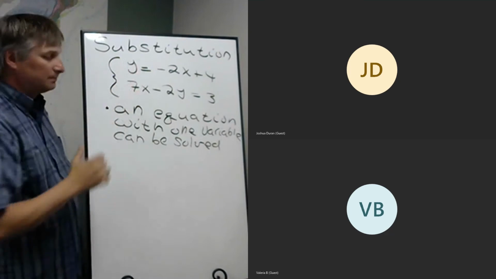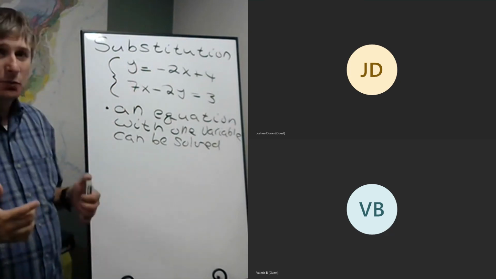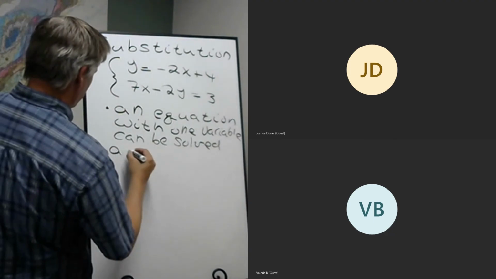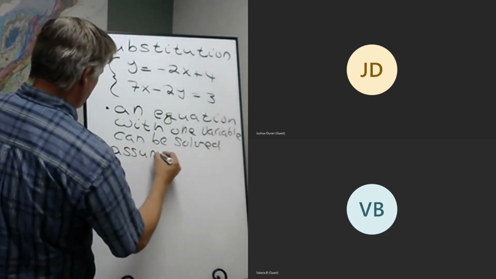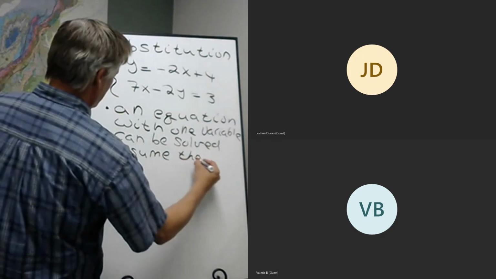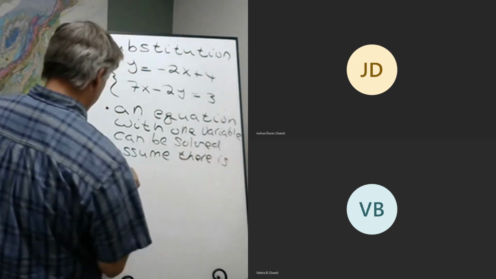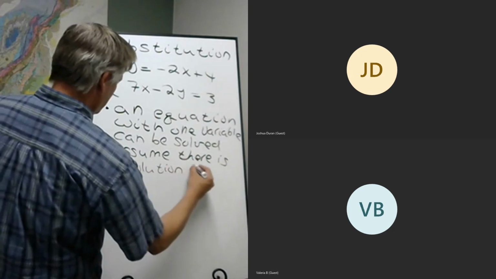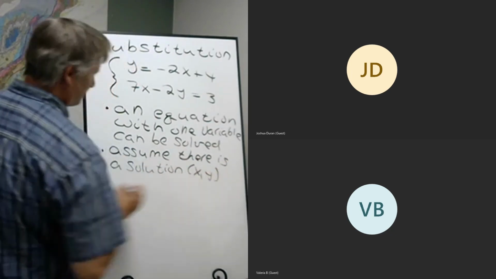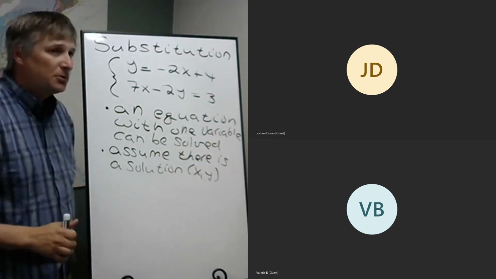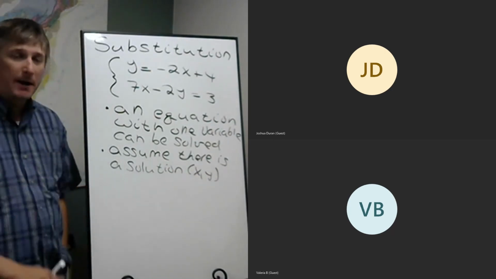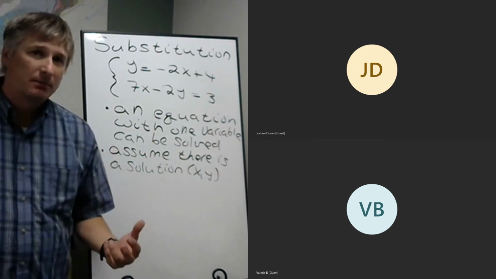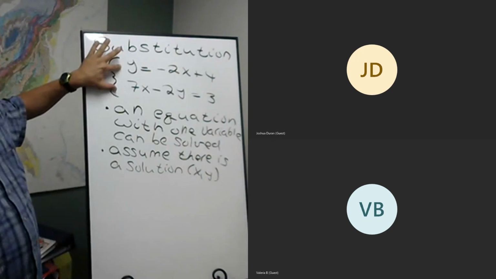To solve this system, what this says is we assume we're going to assume there's a solution, x comma y. So what that means is that x and y are shared by both equations.